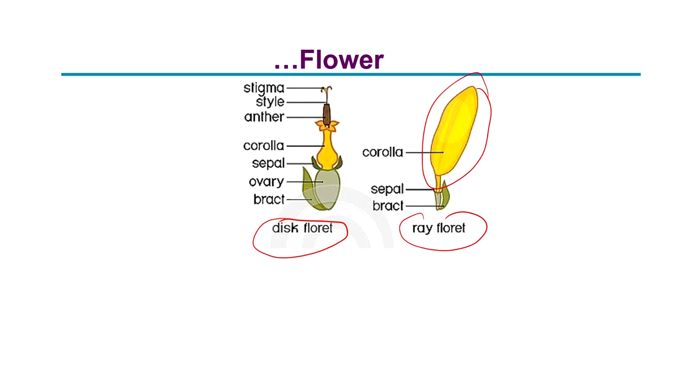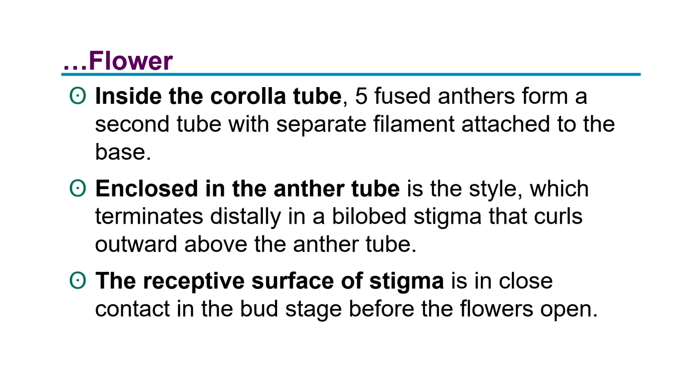You can see a bract at the base, and this is the ovary, and then you see the sepals, part of the calyx, and this is the corolla, and you also see anthers here, and then the style, and then finally the stigma on the top. So these are different parts of a sunflower disc floret.